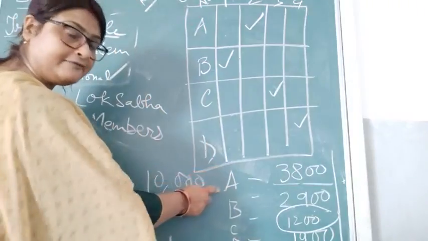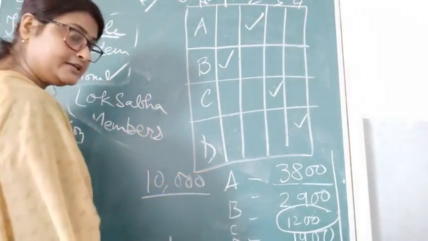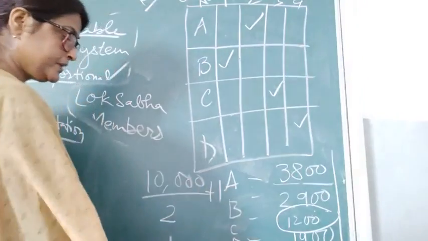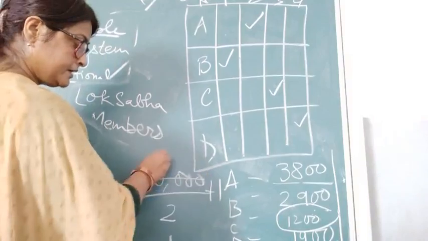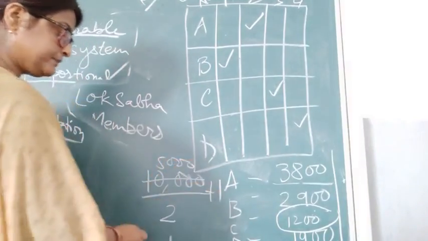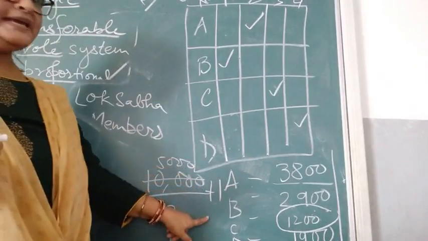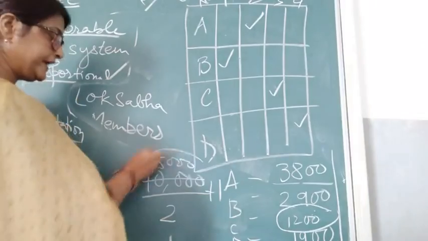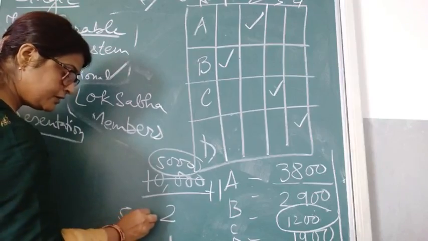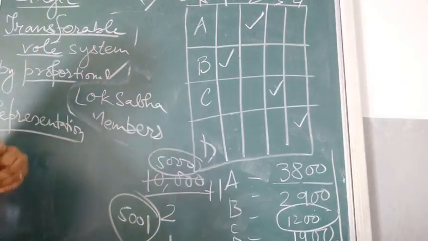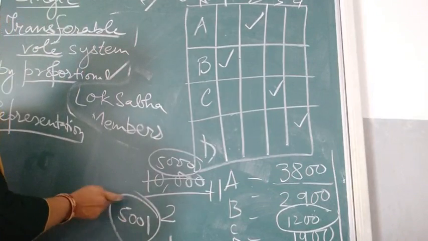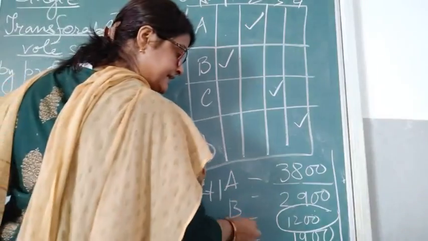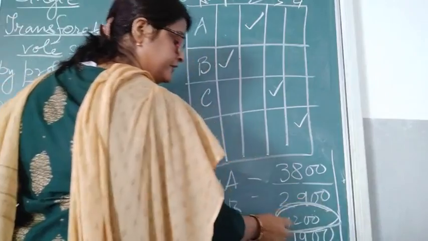How much does a candidate have to get to secure the total number of valid votes? 10,000 divided by 2 plus 1. It will be 5,000 plus 1. So, to be elected as the president, one has to obtain 5,001 votes. How many votes? 5,001 votes.